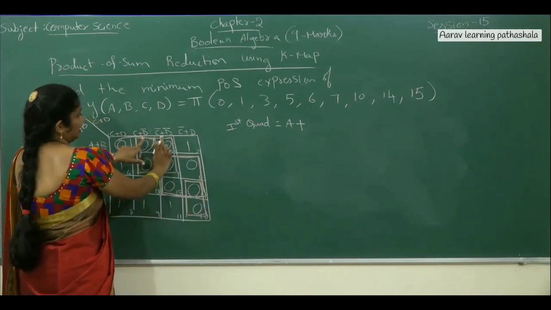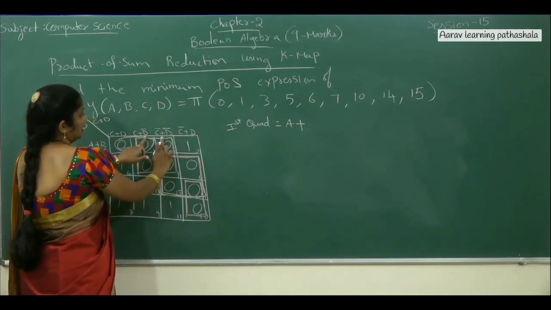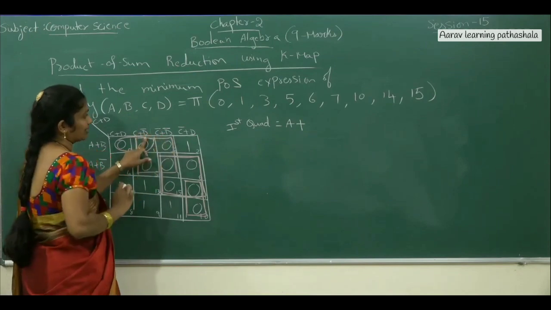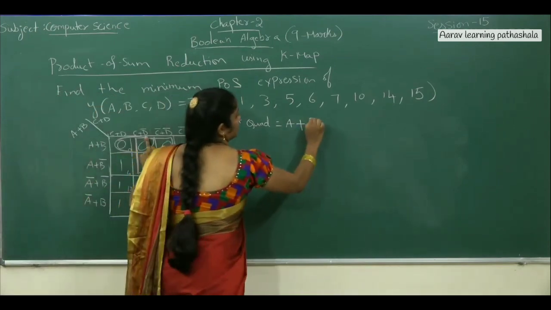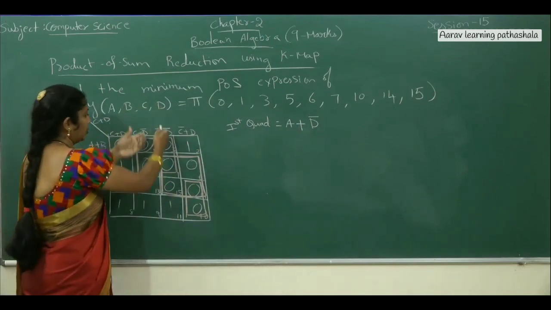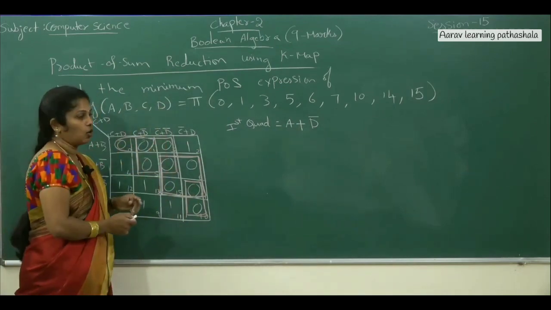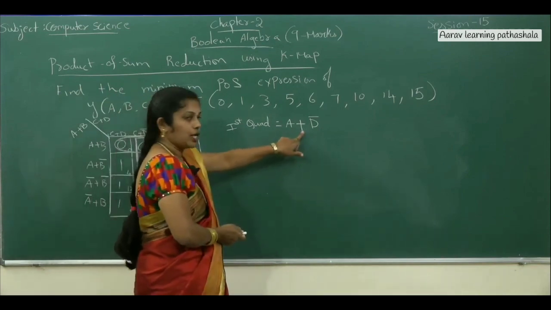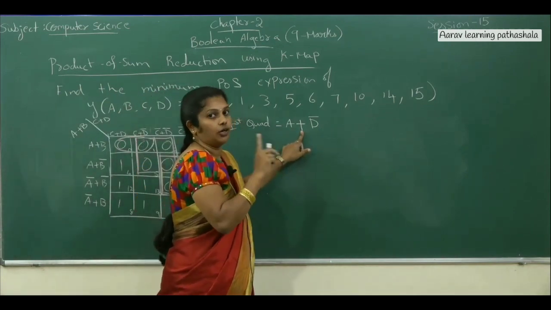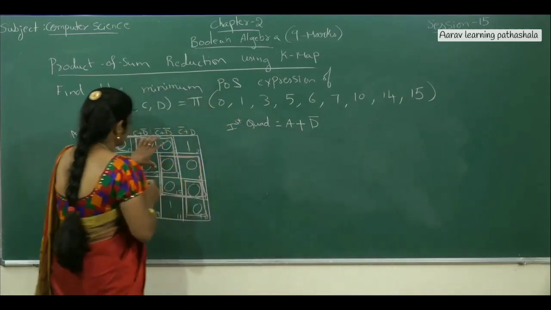Column wise, see these 2 columns: C, C bar here; D bar, D bar. Common factor is D bar. Whereas here A is the common factor. Column wise, D bar is the common factor. But here I write the plus symbol, whereas in min term I write the dot operator. Now this represents the first quad.